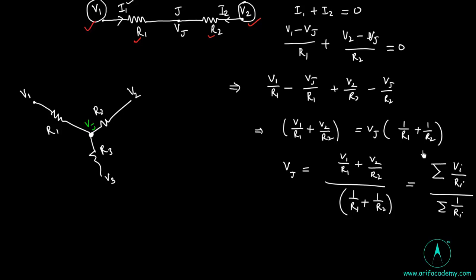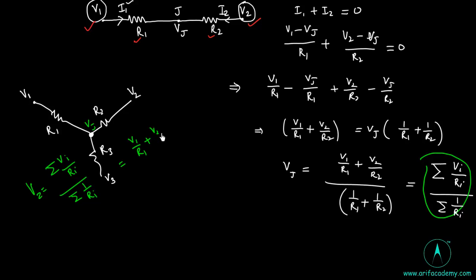We can apply the same formula here. So Vj equal to summation of Vi by Ri upon summation of 1 by Ri. I mean this equals V1 by R1 plus V2 by R2 plus V3 by R3 upon 1 by R1 plus 1 by R2 plus 1 by R3.